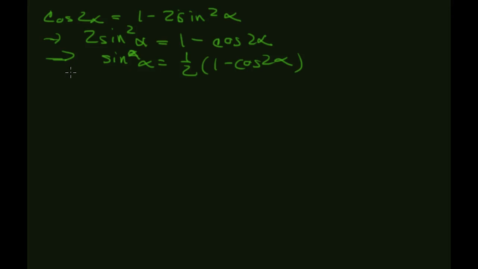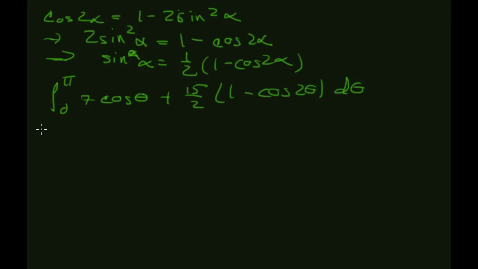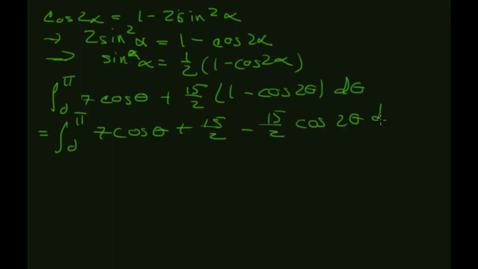Remember that we have the integral from 0 to pi. This one is 7 cosine theta, and that's not an issue. But now I'm going to take 15 over 2 times 1 minus cosine 2 theta, which gets me out of my issue there. This is now the integral from 0 to pi of 7 cosine theta plus 15 over 2 minus 15 over 2 cosine 2 theta.